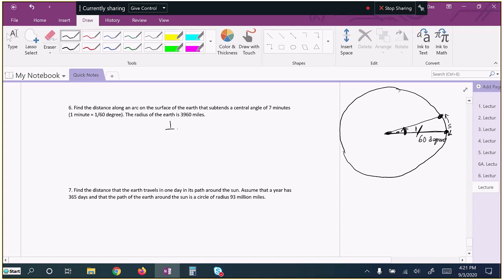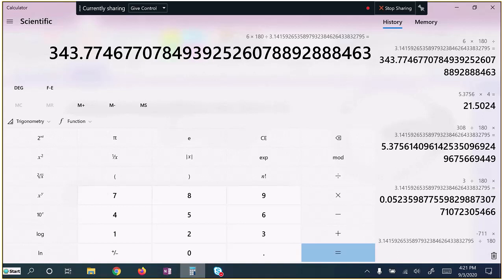So what I do first, I change 1/60 degrees to radian. So that will be 1/60 times pi over 180. Remember, we're rounding to 4 decimal places. So let's do that.